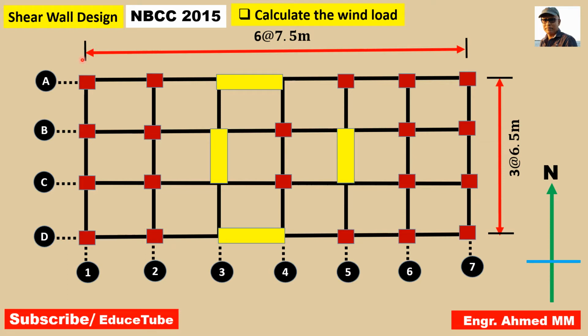Ground story, we'll see in the next slide, about the ground story and height of each floor. So let's move to the next slide to see the elevation of the shear wall.